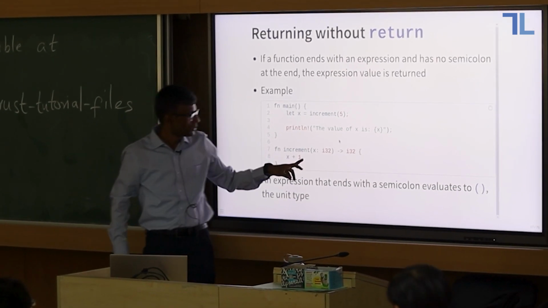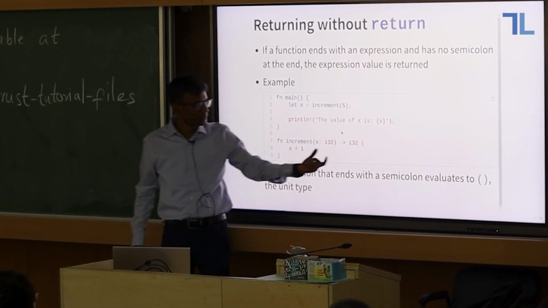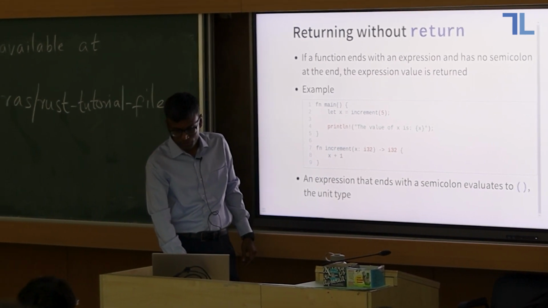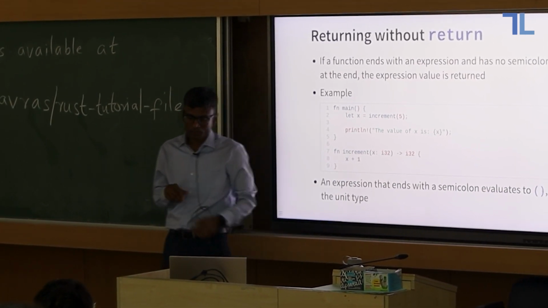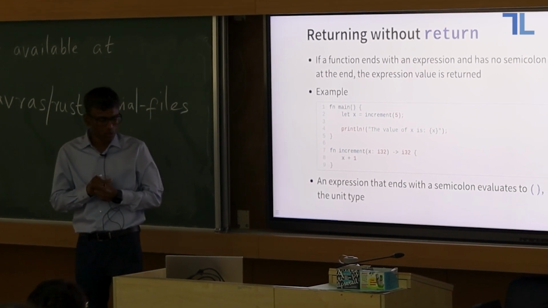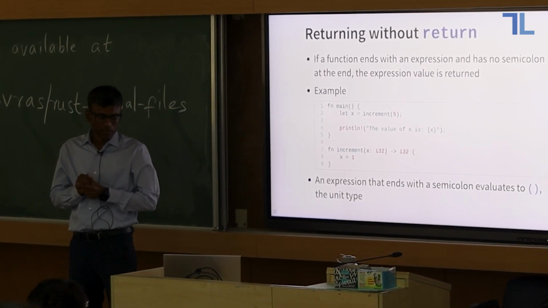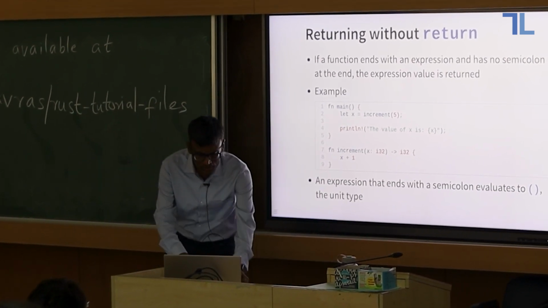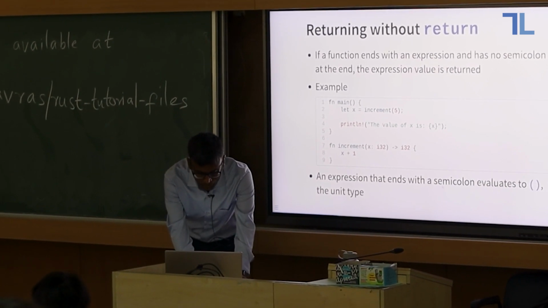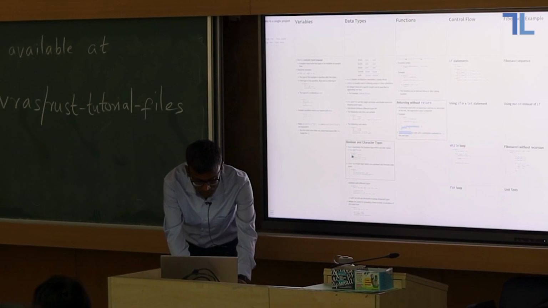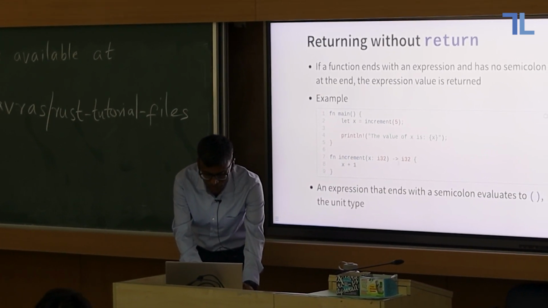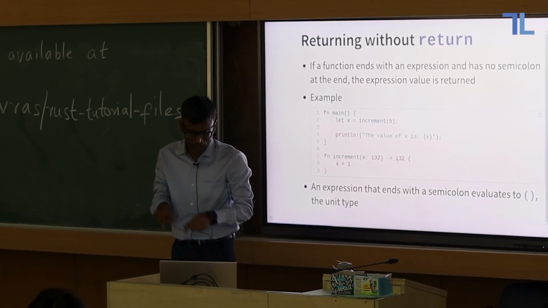If I put a semicolon here, then what is returned is this open parenthesis, closed parenthesis. This is called the unit type, like the null type, which is returned. So we can check this. What I'm saying is that if I put a semicolon here, then the return type of this function will become the unit type, the null type.